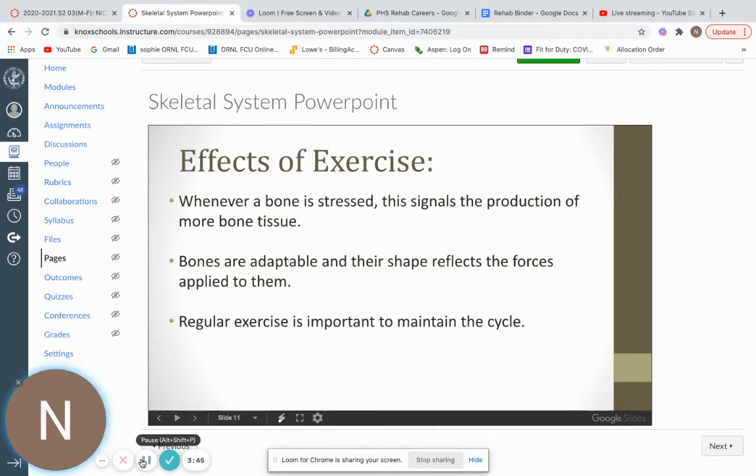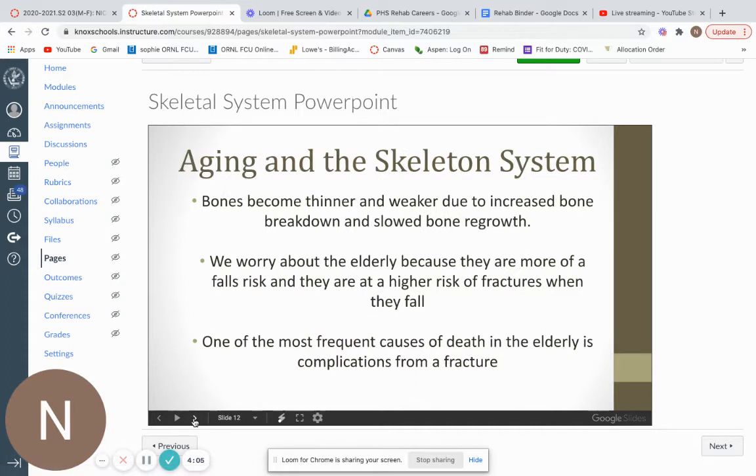So when you stress your bones in a good way, so just regular exercise, it stimulates the old bone tissue to be broken down so more new tissue can be formed. So that's why we tell even older adults it's very important to have some regular exercise for skeletal system health.